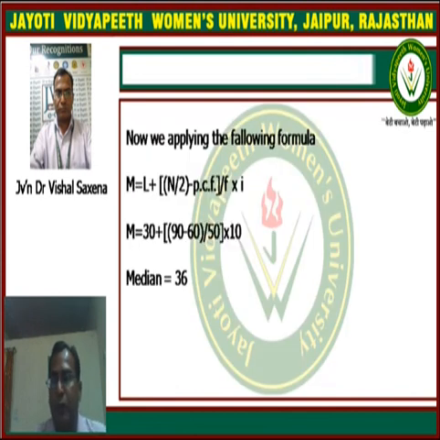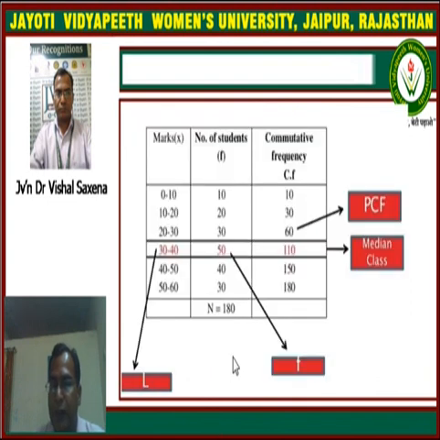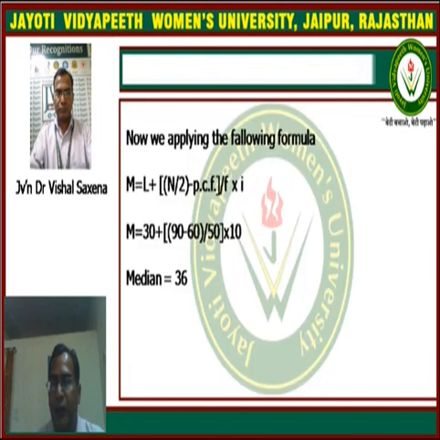Now we have to put the values in the formula. The formula is L plus n upon 2 minus PCF upon f into i. L, the lower limit, is 30, n upon 2 is 90, PCF is 60, and f is the frequency of the median class interval, which is 50, and i means the width of the class interval, that is 10.